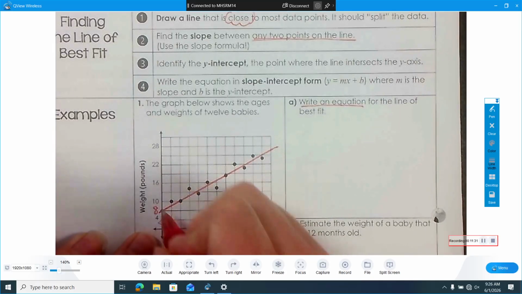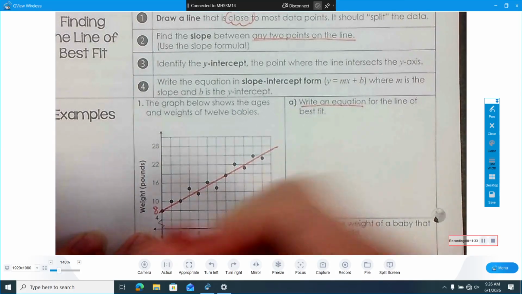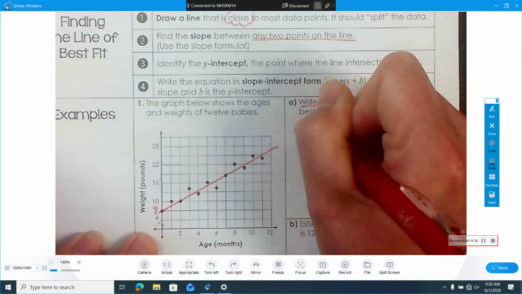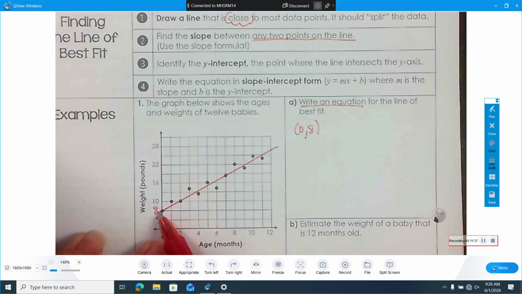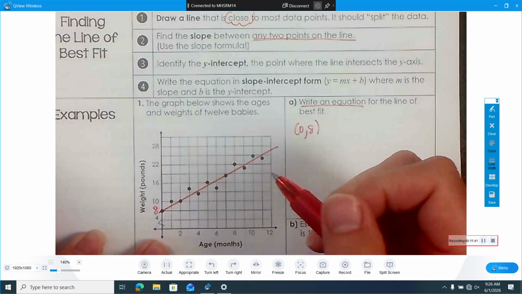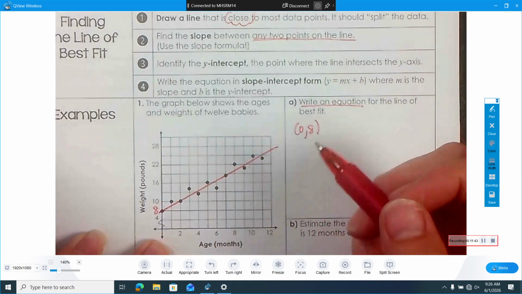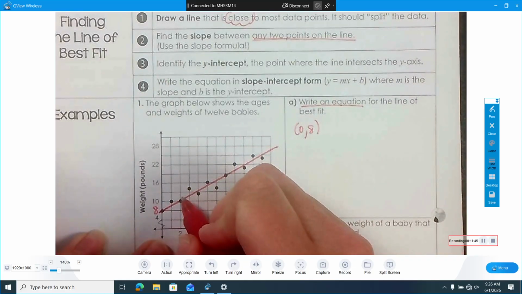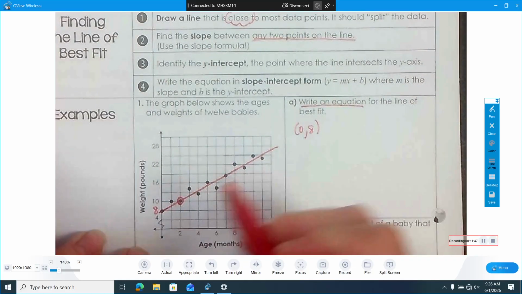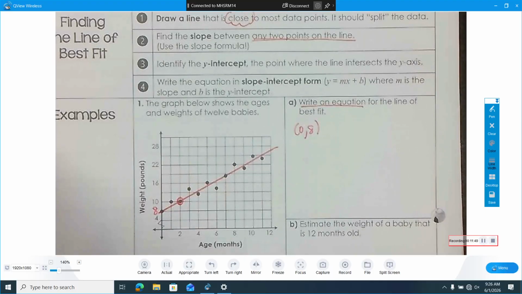It looks like I'm going through 0, 8. And then, let's see, another good point, maybe, and yours might be a little bit different. I guess I am kind of going through this point right here. It happens to be on the line, happens to be pretty nice.